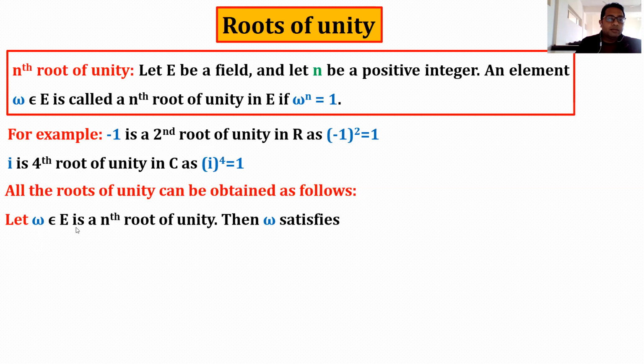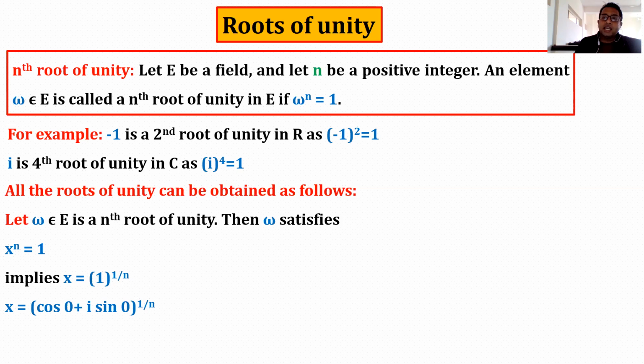In general, let omega belonging to E be an nth root of unity. Then omega must satisfy the polynomial x^n = 1. That means you should find all the roots of this polynomial: x = 1 raised to power 1/n, and you can write 1 as (cos 0 + iota sin 0) raised to power 1/n.